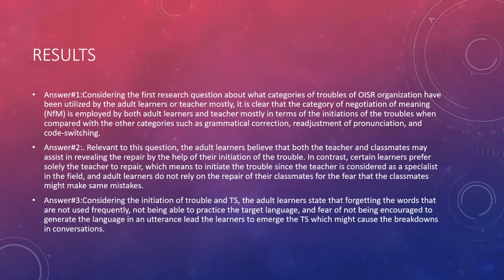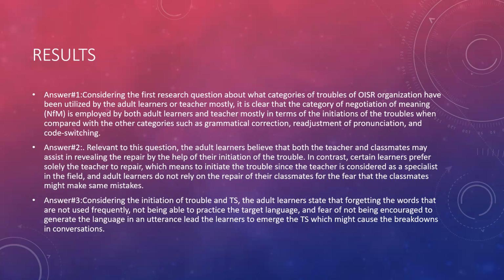Considering the first research question about what categories of troubles of OISR organization have been used by the adult learners or teacher commonly, it's clear that the category of negotiation of meaning is implemented by both adult learners and teacher frequently in terms of the initiation of the troubles when compared with the other categories such as grammatical correction, readjustment of pronunciation, and code switching.